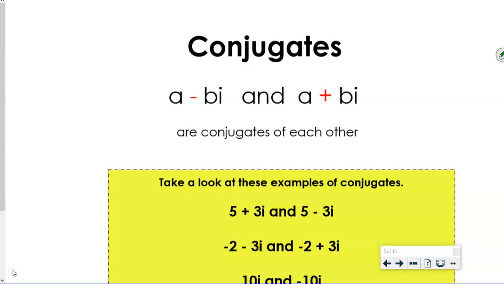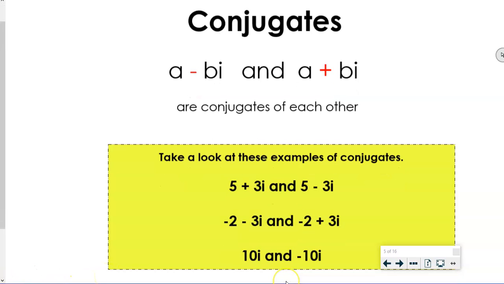What you should notice here is that the only thing changing in these problems is the sign of the imaginary part. Notice, plus to minus, minus to plus, and there's a plus in front of that 10i, and there's our minus.